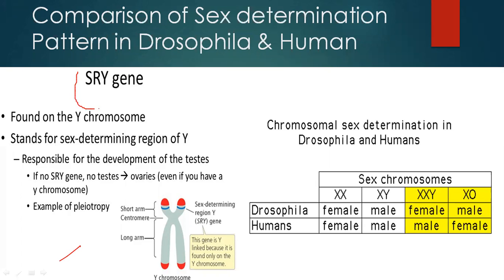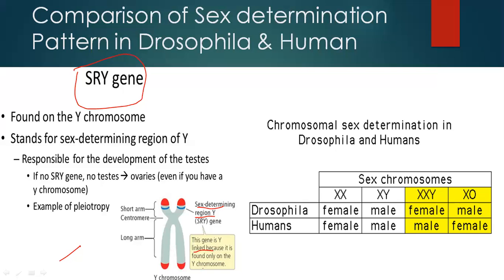In a human being, the SRY gene is present. SRY gene means sex determining region Y, that forms testes in the male. So this gene is Y linked. It means that it is present on Y, not anywhere else.